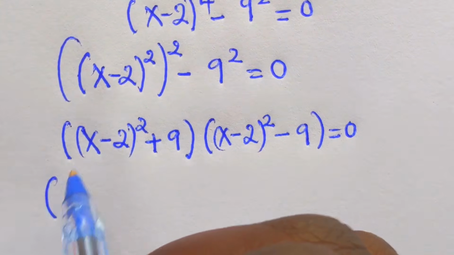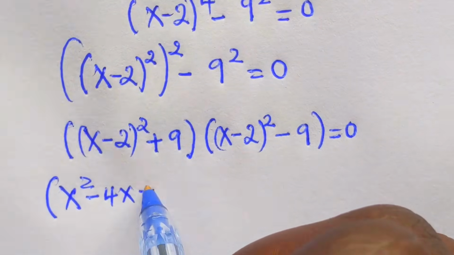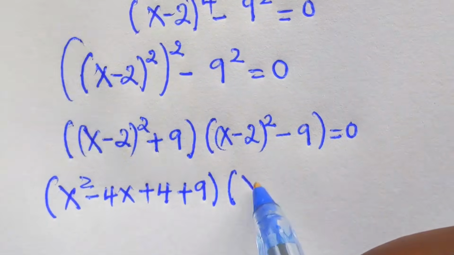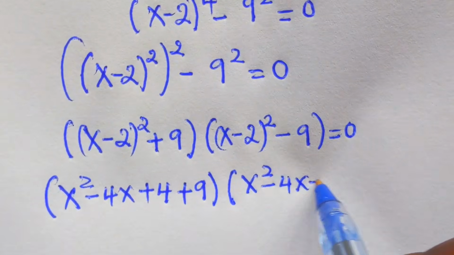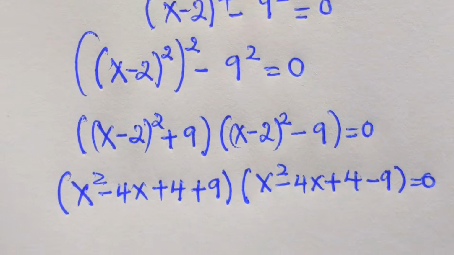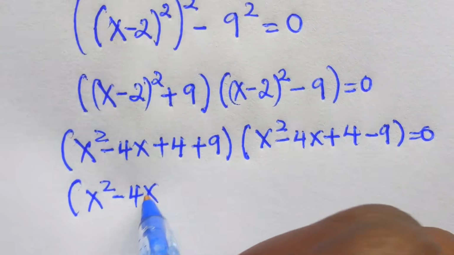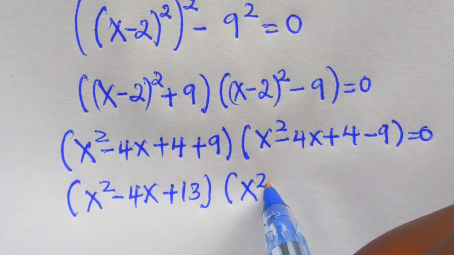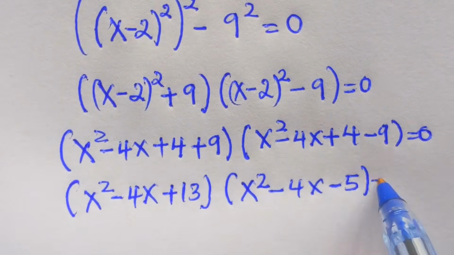So this one will be x^2 - 4x + 4 + 9, and this will be x^2 - 4x + 4 - 9 = 0. So (x^2 - 4x + 13)(x^2 - 4x - 5) = 0.